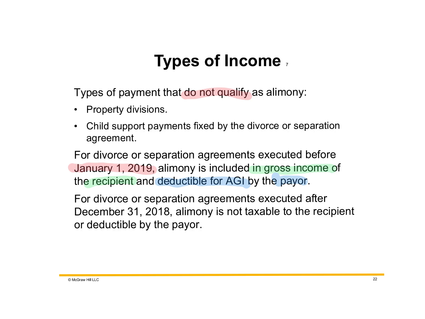For divorce or separation agreements executed after December 31st, 2018, alimony is not taxable to the recipient, and it is not deductible by the payer.